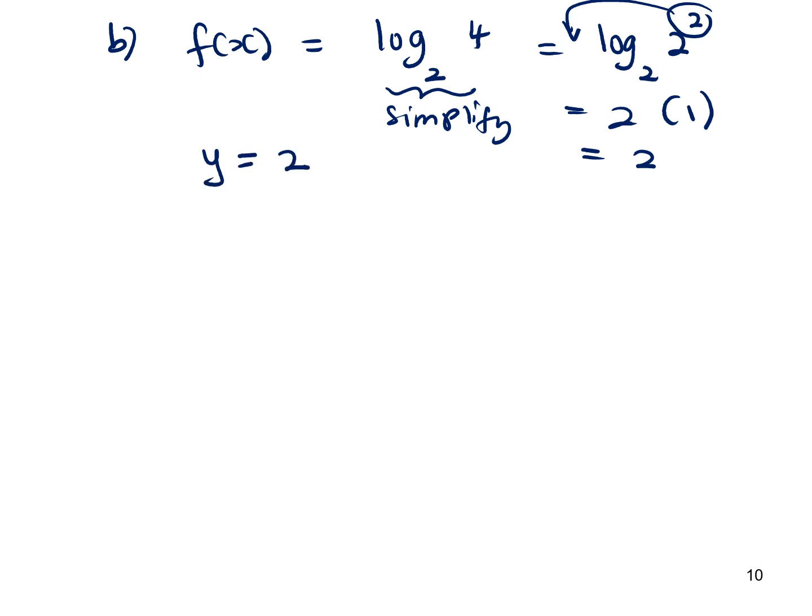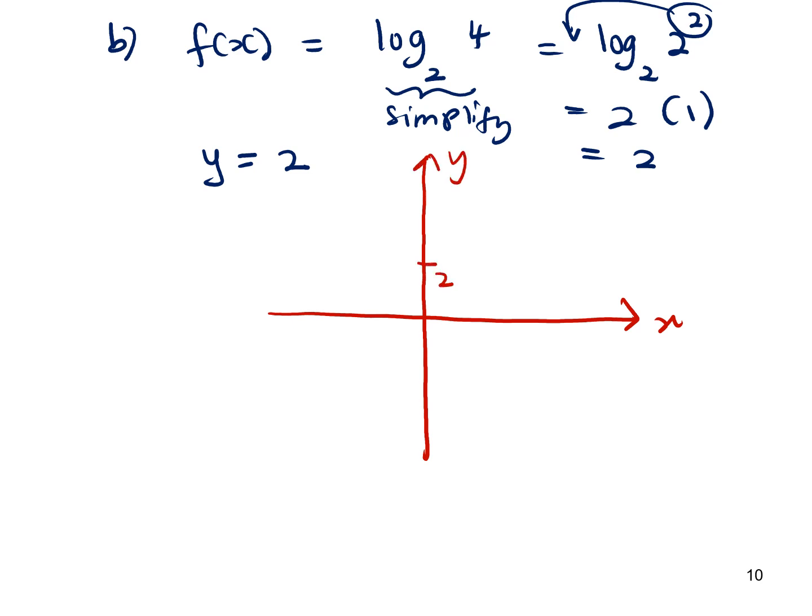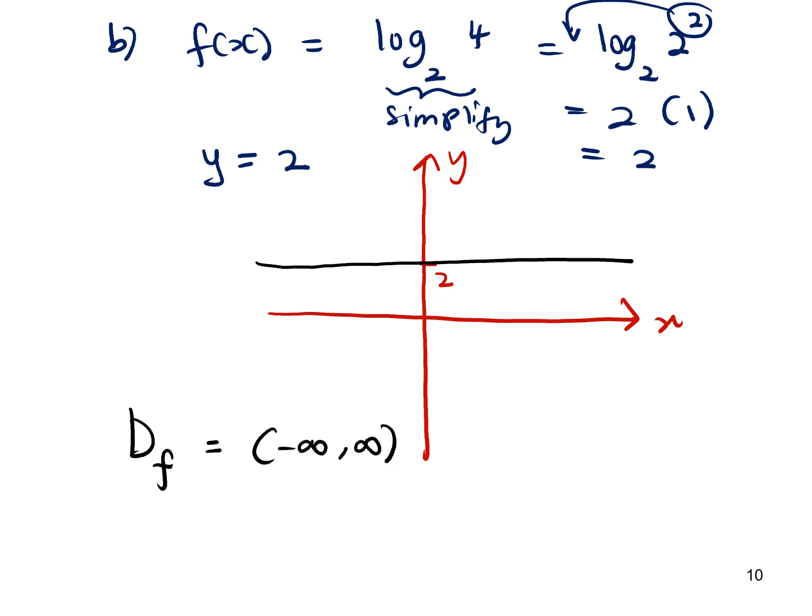After that we draw the x and y axes. This is x, this is y. So y = 2 is here, and we put a constant line, and from here we can read the domain and range. The domain is from negative infinity to infinity, and the range of f we will get only 2.